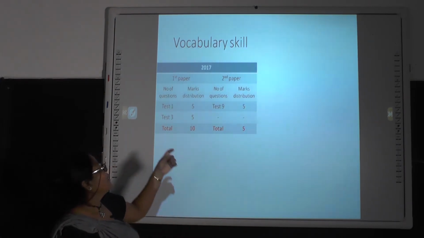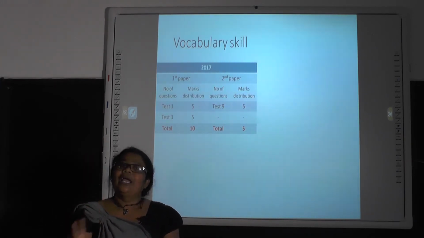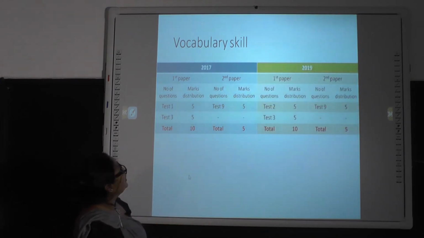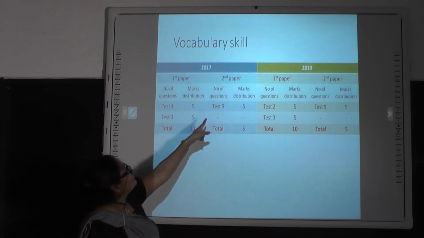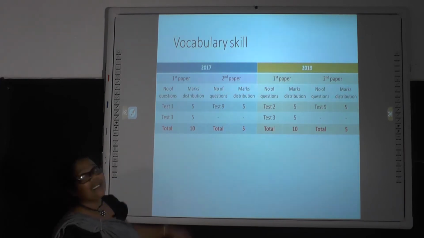Now I told you that in the first paper, how many questions are there under vocabulary skill? There are 2. And the second paper, 1. Right, look at this. 2017 first paper, right? 2 questions, while second paper you can see question number or test number 9.